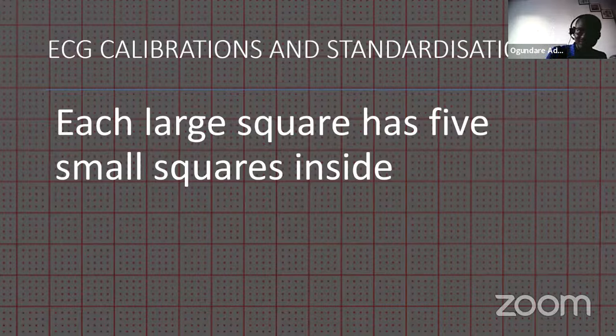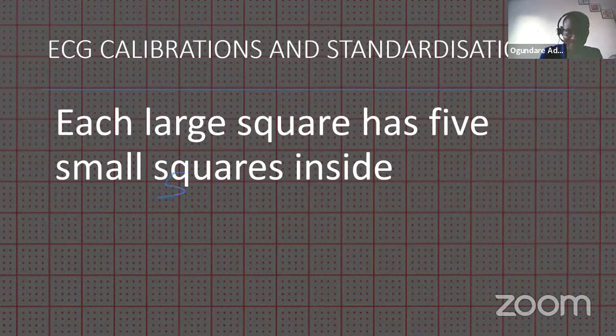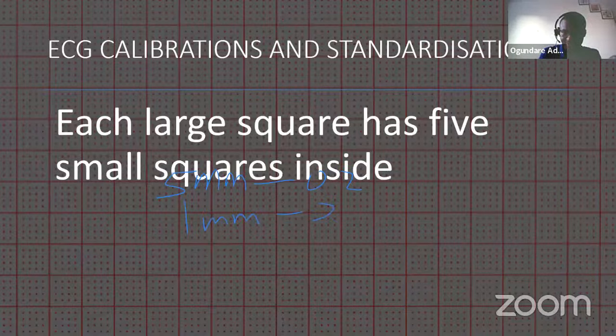If you are old school like me, then you can do your mathematics and say, okay, a large box is 5 mm, and that takes 0.2 seconds. So a small box is 1 mm, and you want to know how many seconds it's going to take, so put that as x.